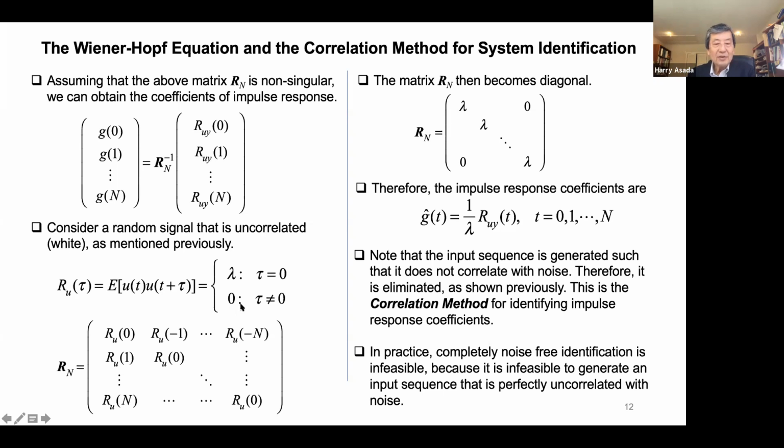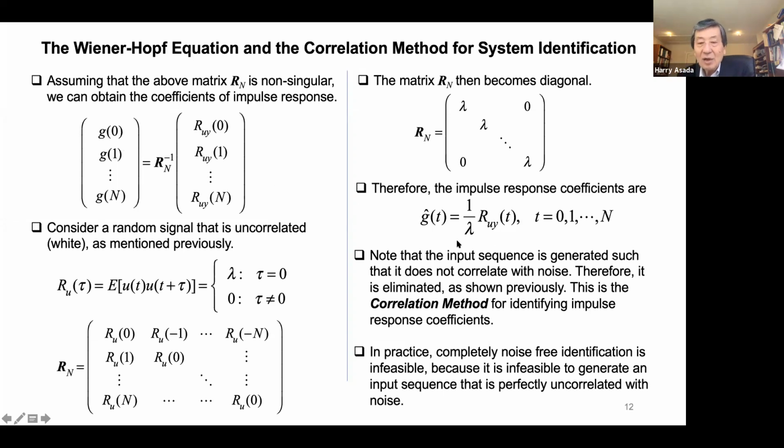Let's obtain R_n with this expression. Since tau other than 0 gives 0, we put all 0 here, and the diagonal terms are all lambda. So we get a diagonal matrix. Applying this to the system, R_n inverse has 1 over lambda on the diagonal terms, so each of them can be written in this way.